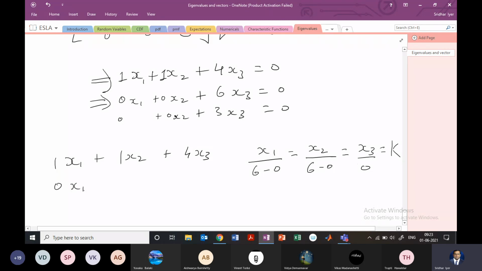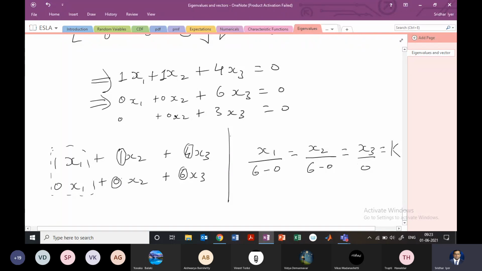Then you have 0x1 plus 0x2 plus 6x3. If I have to find x1, then I will ignore this column and multiply this 6 with this 1 minus this 4 with this 0.